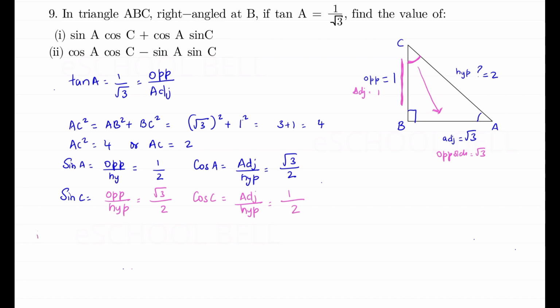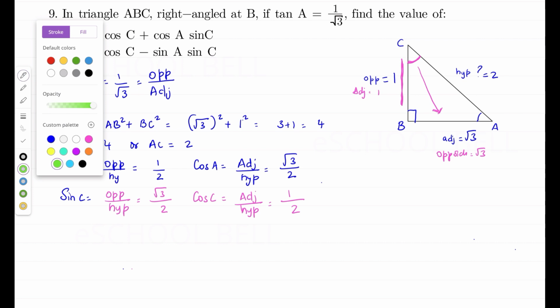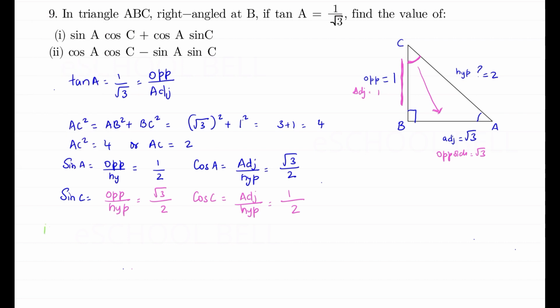Now we will solve the first part of the question. Now we'll write in another color because everything is jumbled, so I will take green. The first part of the question is sin A cos C plus cos A into sin C. So sin A is how much?